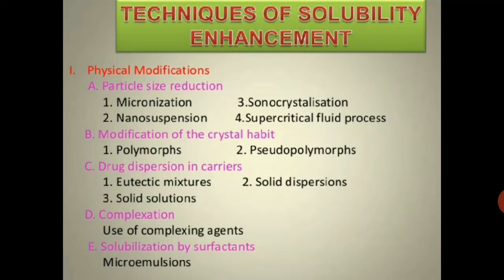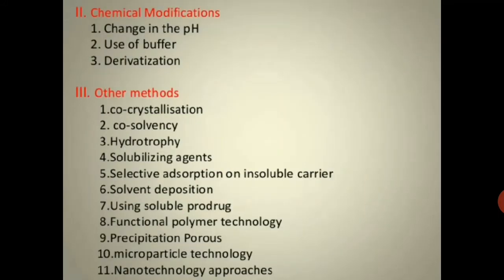Next is the chemical method. Chemical modification is done by three methods: change in the pH, the use of buffers, and derivatization.